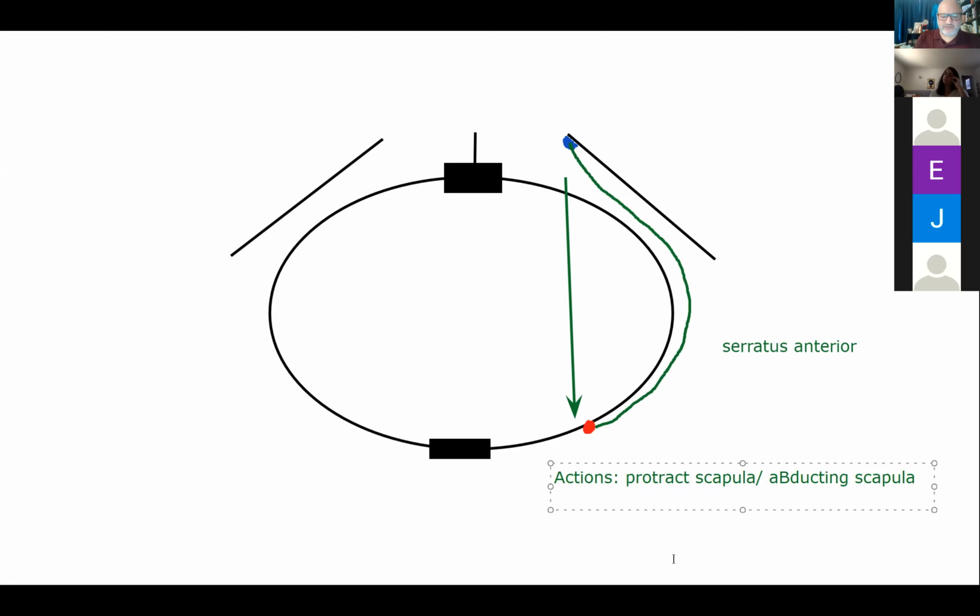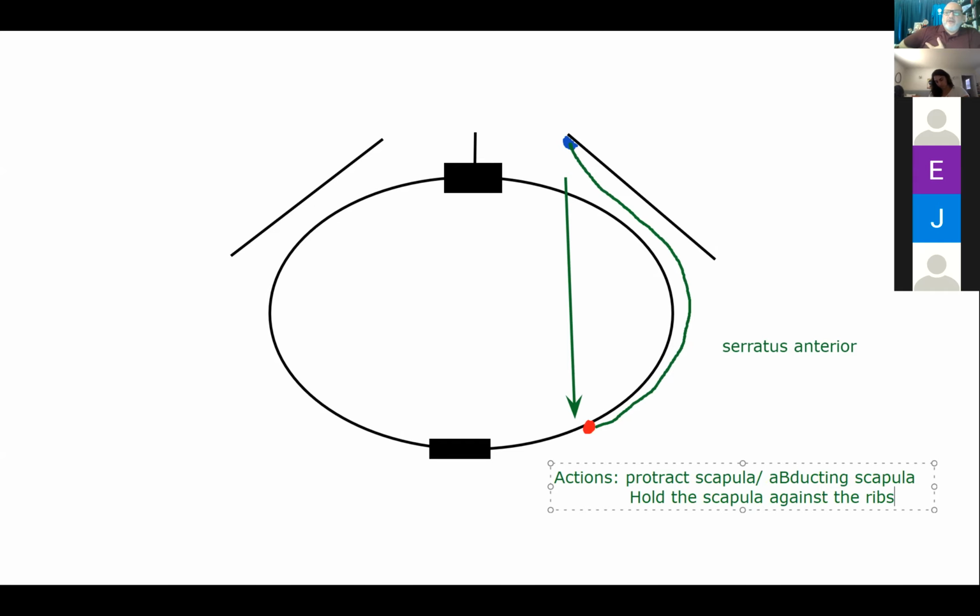And as we also mentioned, the other action is twofold. Hold the scapula against the ribs, stabilizing it, holding in place to hold the shoulder in place.